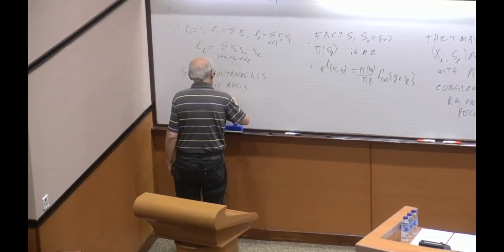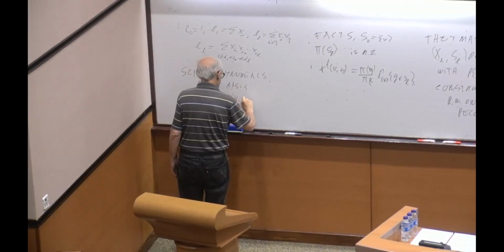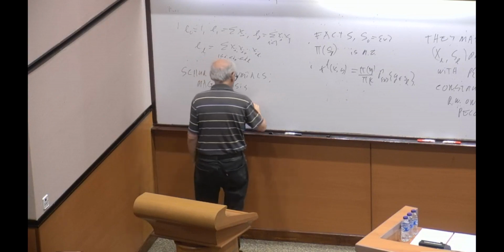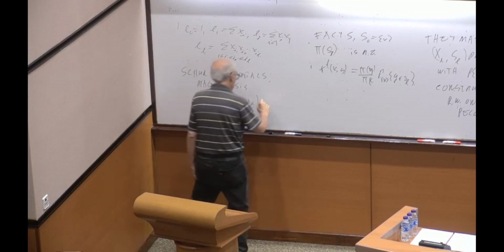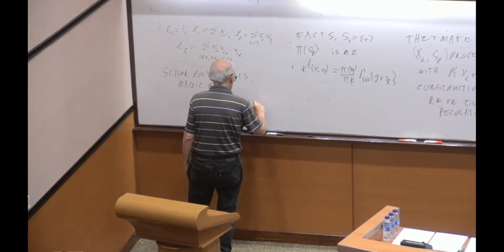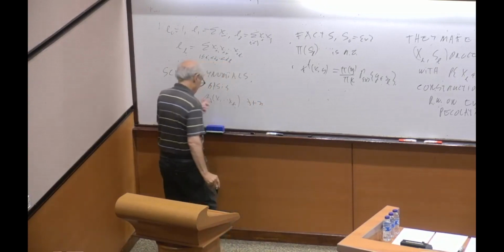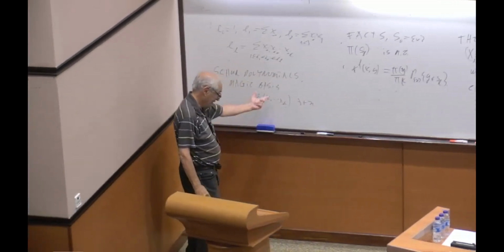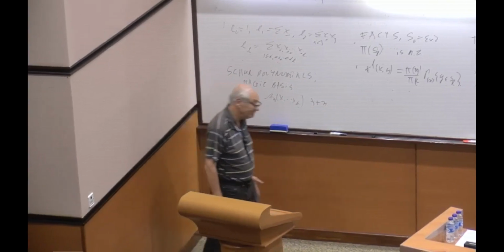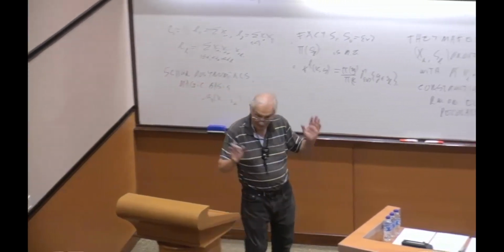They're called s_lambda of x1 up to, however many variables I'm working with, where lambda is a partition of n, for example. That'd be a basis function of dimension n. And I can certainly define them for you.